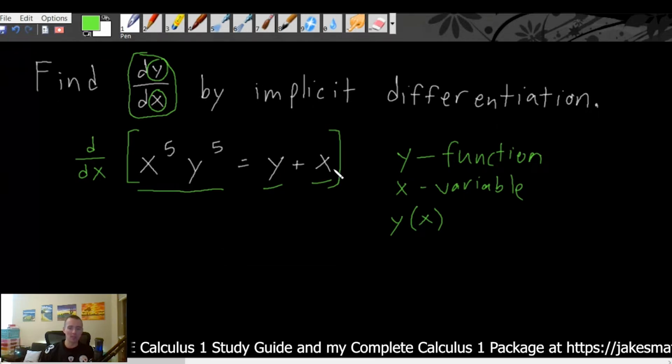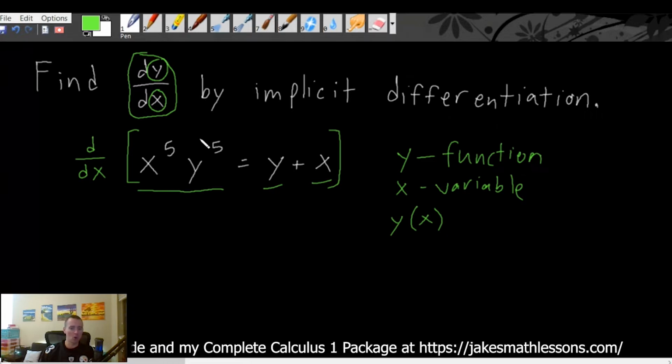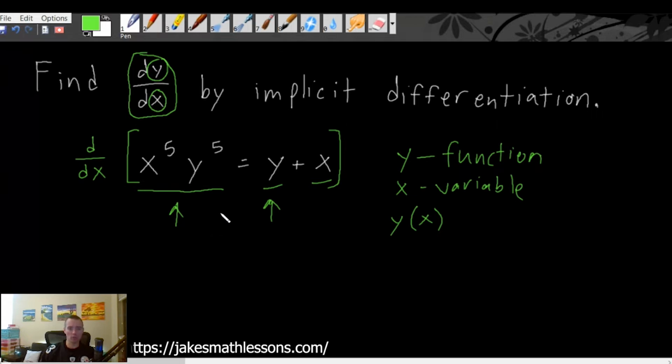So y plus x is 2 separate terms, where x to the fifth times y to the fifth is all one term. This term here and this term here, since they both have y's in them, we're going to have to apply the chain rule when we take d dx of both sides of our equation. But this term here, since it only has an x, we're going to be able to take the derivative of that as you would expect.